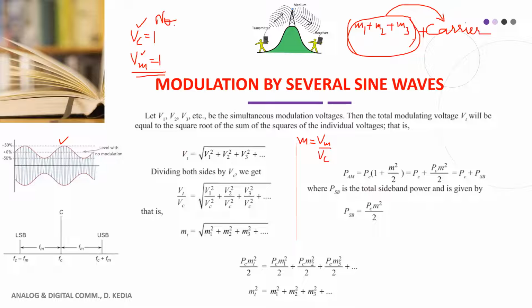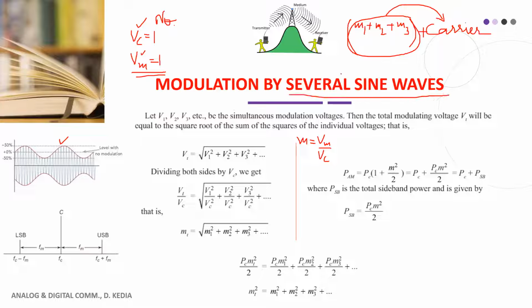In fact, let me interpret this in a different way. It may confuse you, more than one modulating signal. Let me put it this way: I have only one modulating signal, and in that one modulating signal there are many sine waves. That is a more appropriate explanation for this slide, that I am modulating by several sine waves.